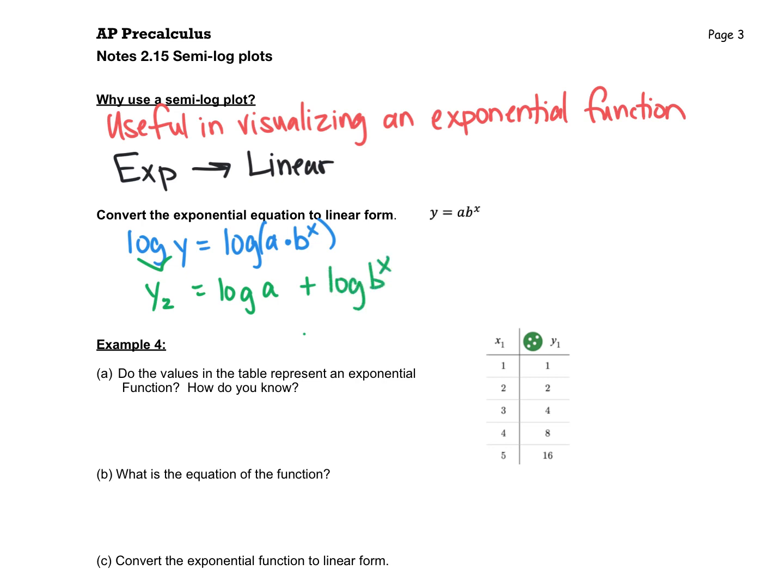Anything else I could do to it? Put the x out in front. So this would be the log of a plus x times the log of b.